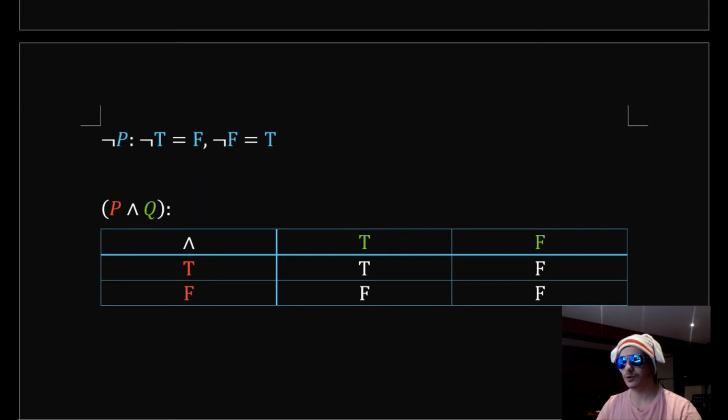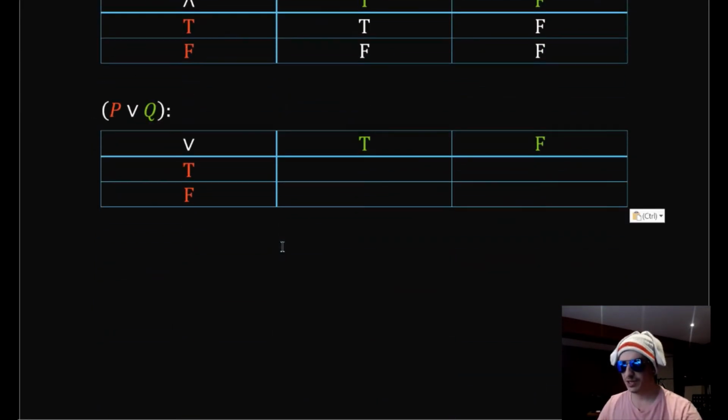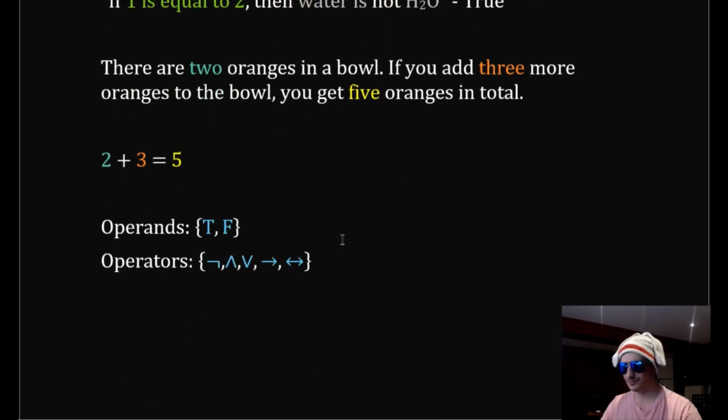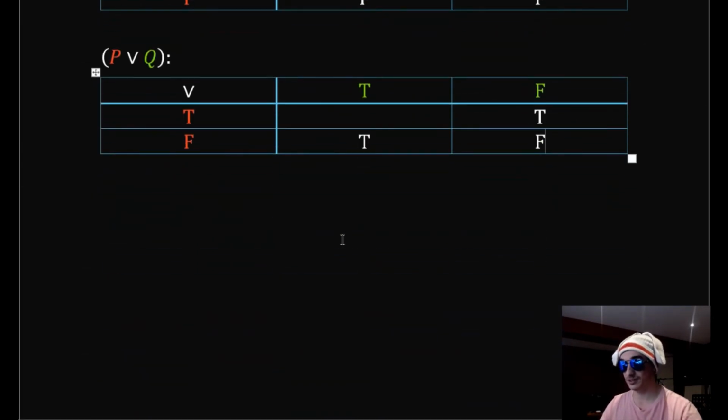And what about or? P or Q. Okay. So true or false is true. False or true is true. False or false, let's just go back to these. So 1 is equal to 2, or the color of this text is blue. Well, they're both false, so it would be wrong to say that 1 is equal to 2 or the color of this text is blue, so it's false.